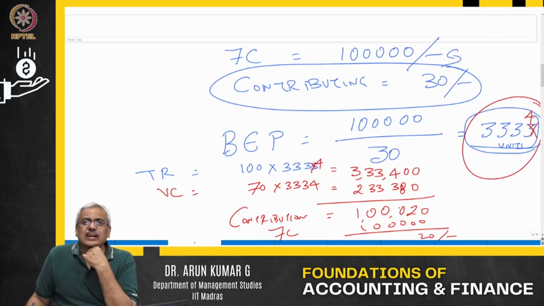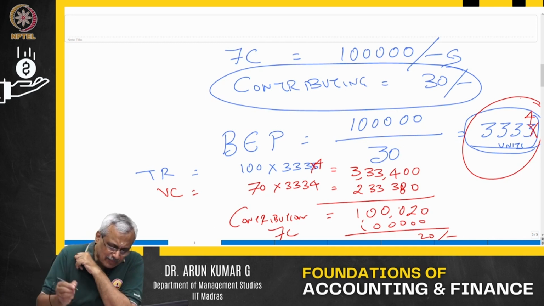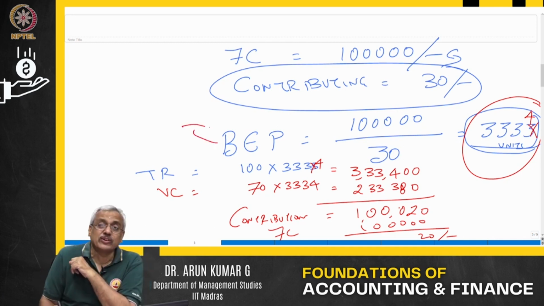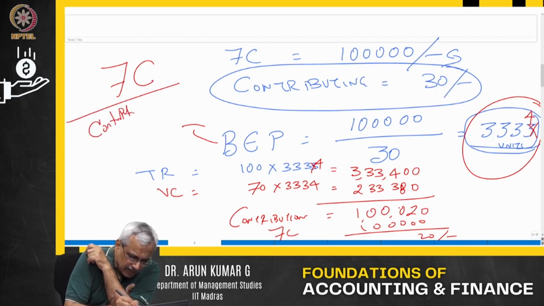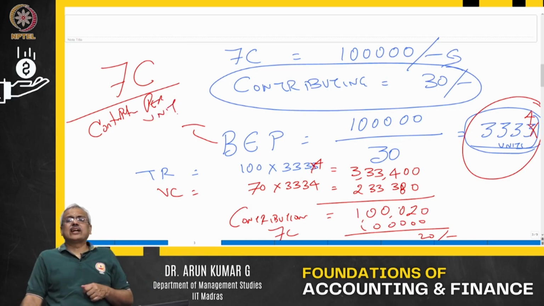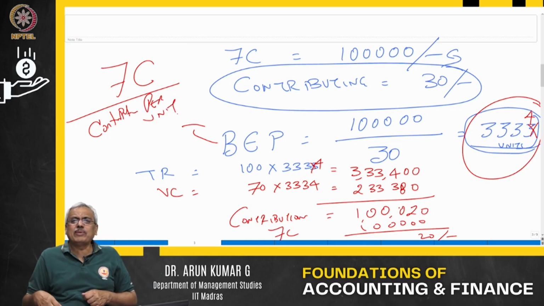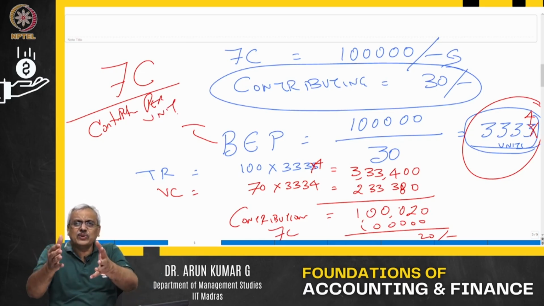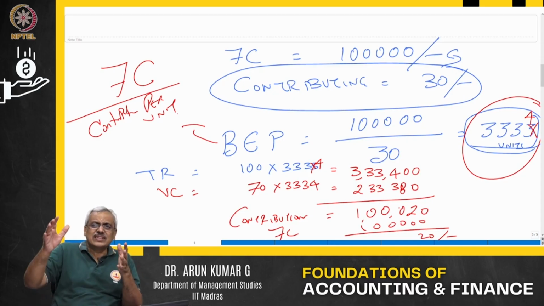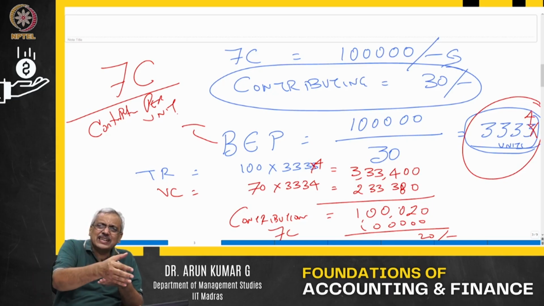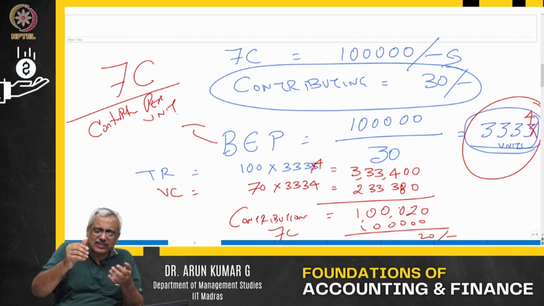So what are we looking at? This is why, if you have to use the formula, the break even point is nothing but fixed cost divided by contribution per unit. Every unit I manufacture gives me 30 rupees of contribution, my fixed cost is 1 lakh, so I have worked out how many units I need to manufacture to cover this.